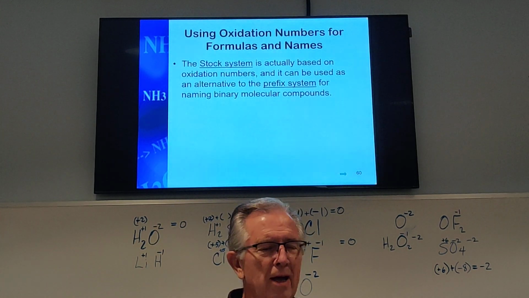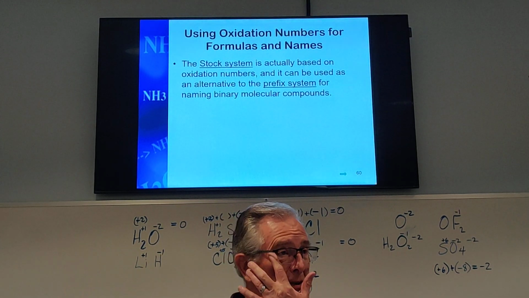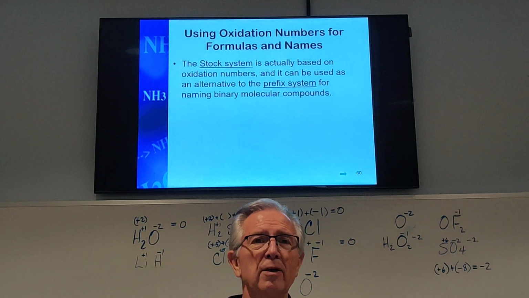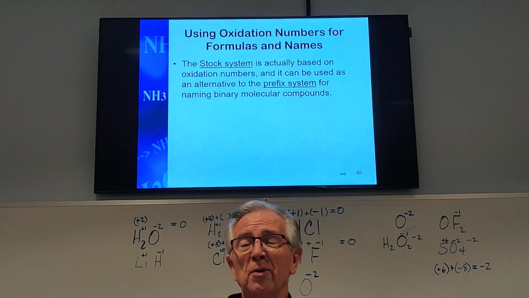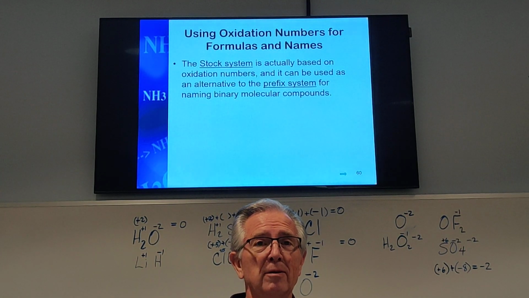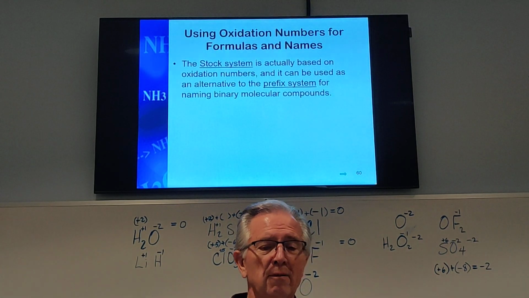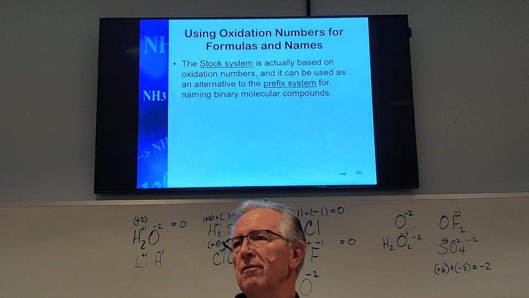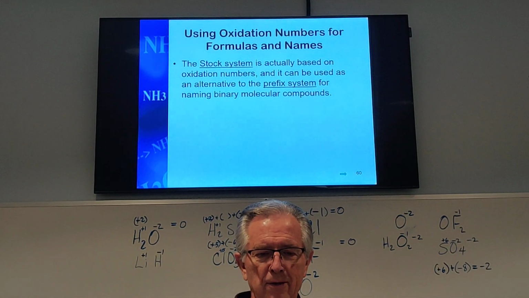And it can be used as an alternative to the prefix system for naming binary molecular compounds. That's where we use Roman numerals. And the Roman numeral is actually the oxidation number. So if you figure out an oxidation number for a cation, then you can just use that for the Roman numeral. That's basically what it's for.